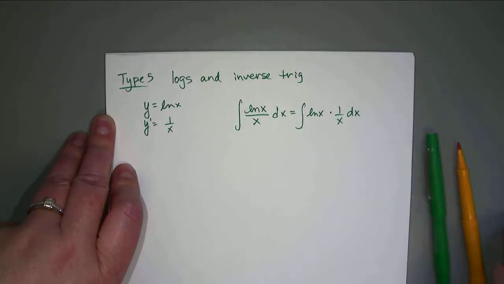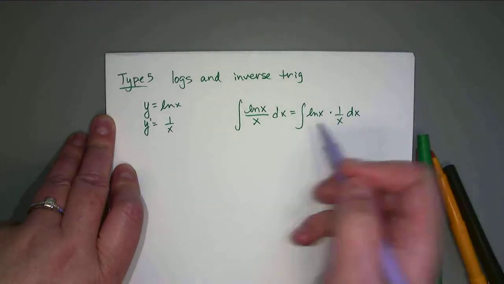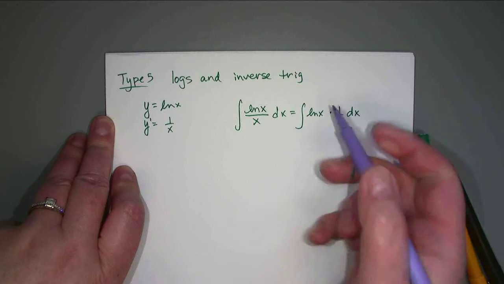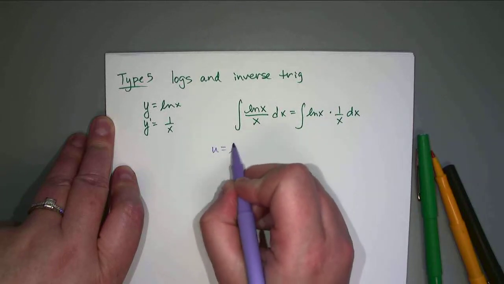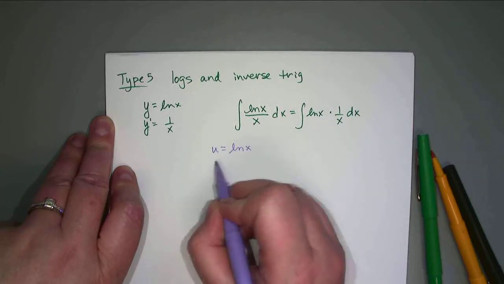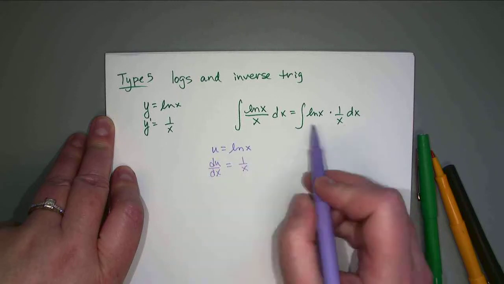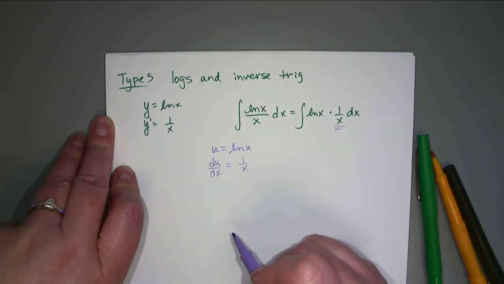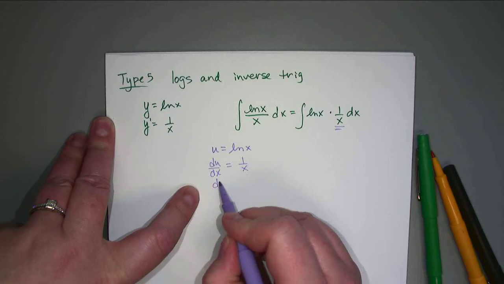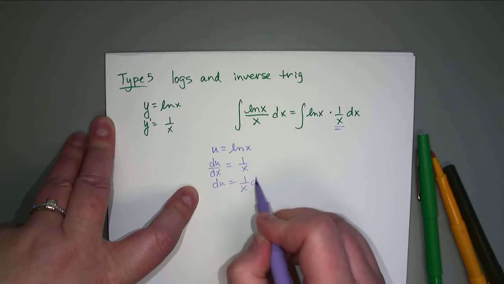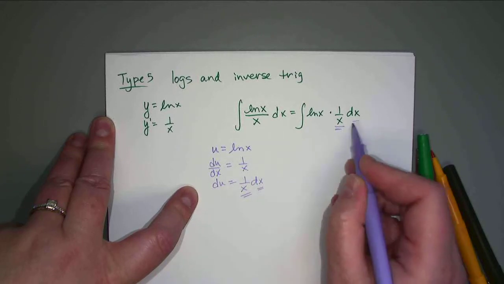And for this type, when you see a ln and the derivative of it in the question, you call u the ln, the whole thing. The derivative of ln is 1 over x, and that's what was left over. So du is 1 over x dx.